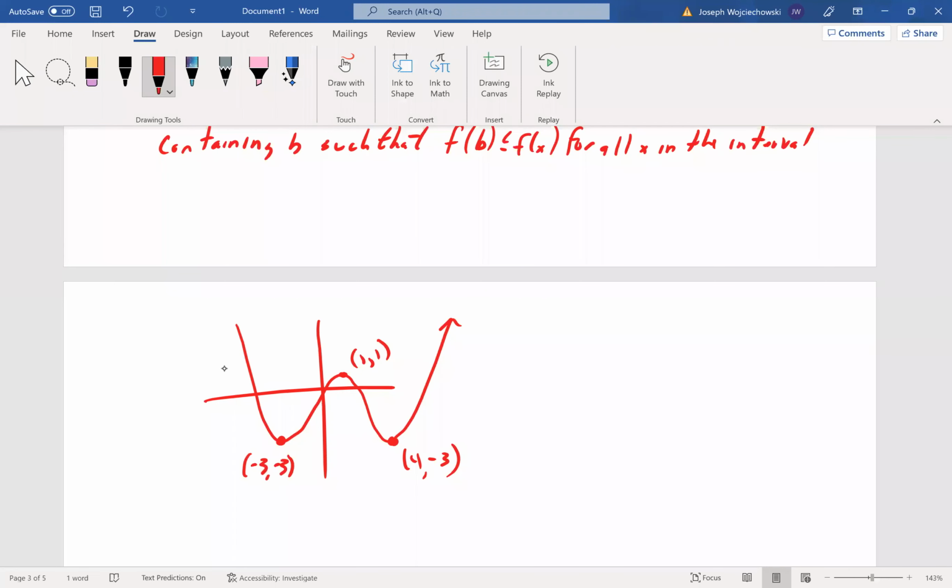So let's start with a maximum. Maximum is a high point. So anything over here, this goes on forever, so I can't really use any of these points. Same here, this goes on forever. However, I do have a little uptick here. So I have a relative maximum at 1, 1, right here. Now, in this case, I have two relative minimums down here at -3, -3, and 4, -3.